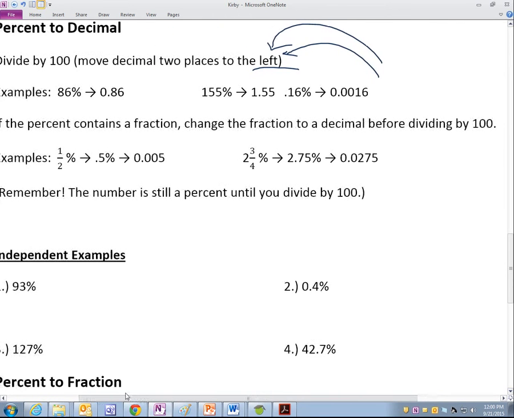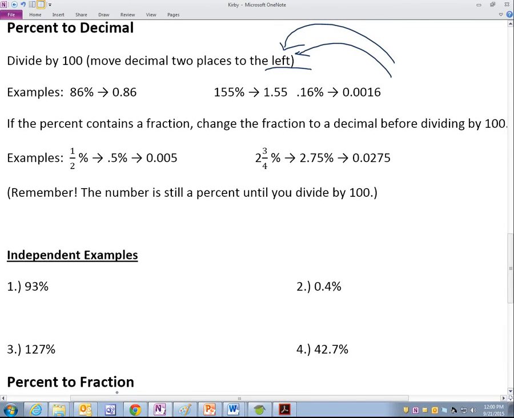All right, continuing on. If the percent contains a fraction, change the fraction into a decimal before dividing by 100. For example, you have 0.5%. You want to make that into a decimal before you move the decimal point. So if you're going to be moving the decimal point, are there decimals in fractions?